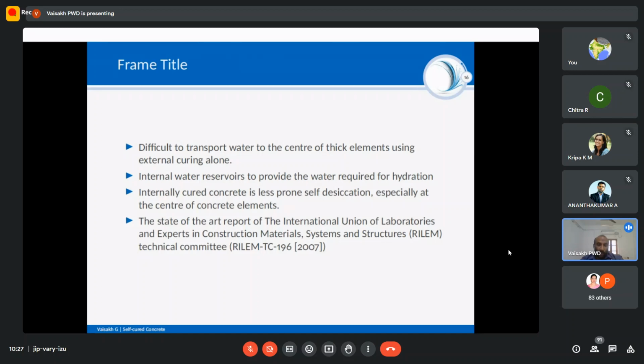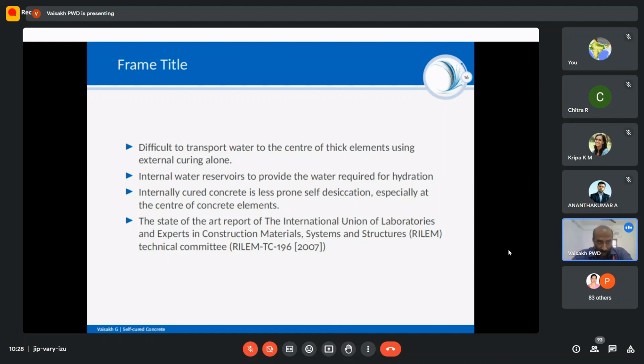Internally cured concrete is much less prone to self-desiccation, and a very important report was published by RILEM, the RILEM Technical Committee 196, in 2007 and is available on the RILEM website for downloading. This report has the state of the art of curing, conventional methods of curing.